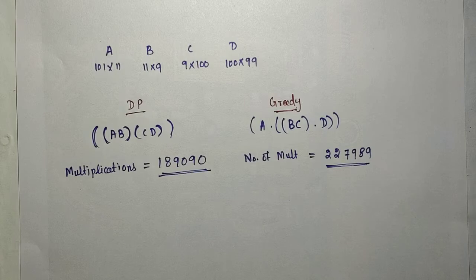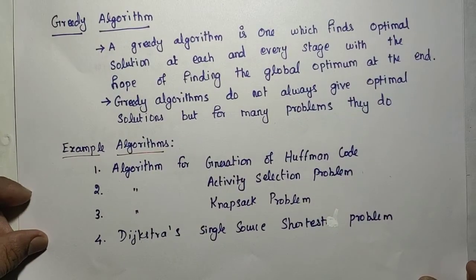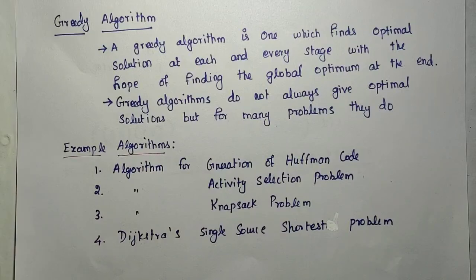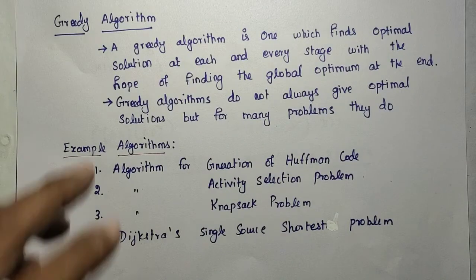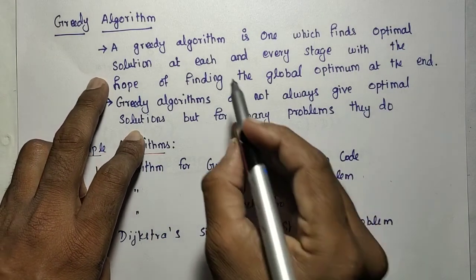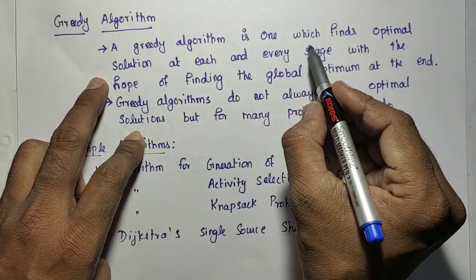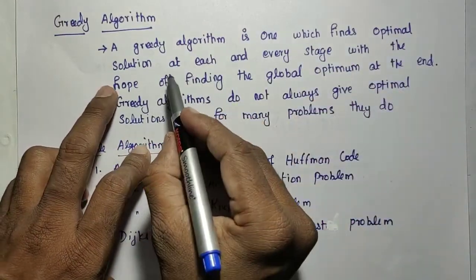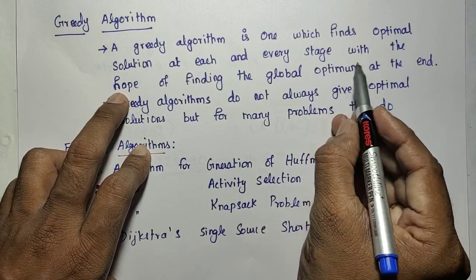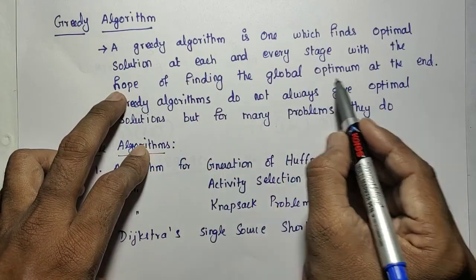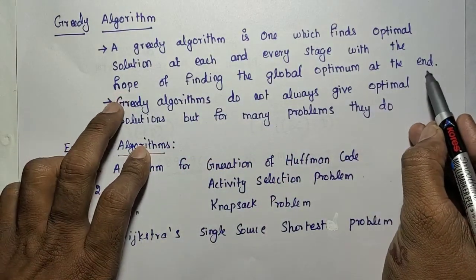So now we'll see the definition of the greedy algorithm and the difference. What I explained, I have given as a statement. Okay, definition. A greedy algorithm is one which finds the optimal solution at each and every stage with the hope of finding the global optimum at the end.